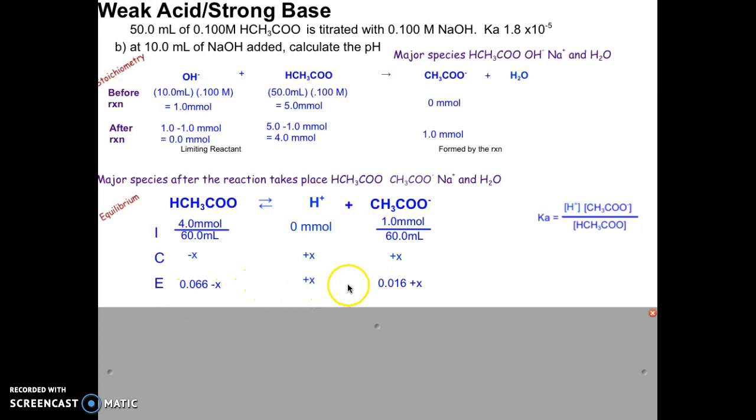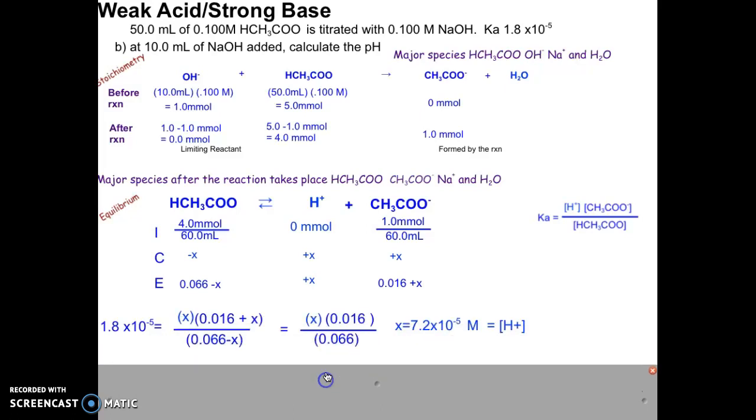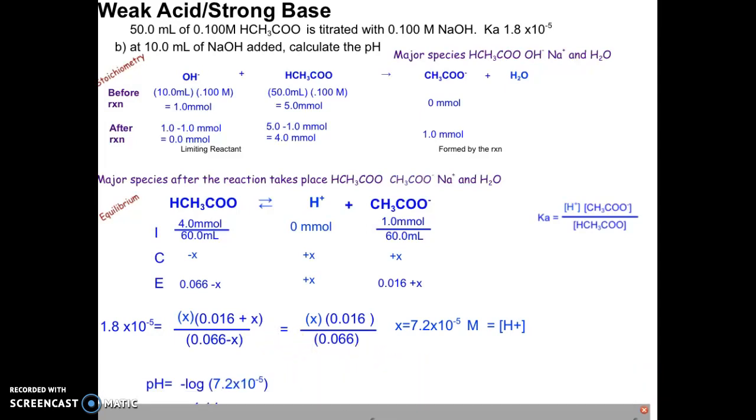So now this equilibrium line can be put into this equilibrium expression. And when I do that, I can ignore x and solve for x the easy way because this dissociation is so small. I get 7.2 times 10 to the negative 5 molarity. That's my hydrogen ion concentration.